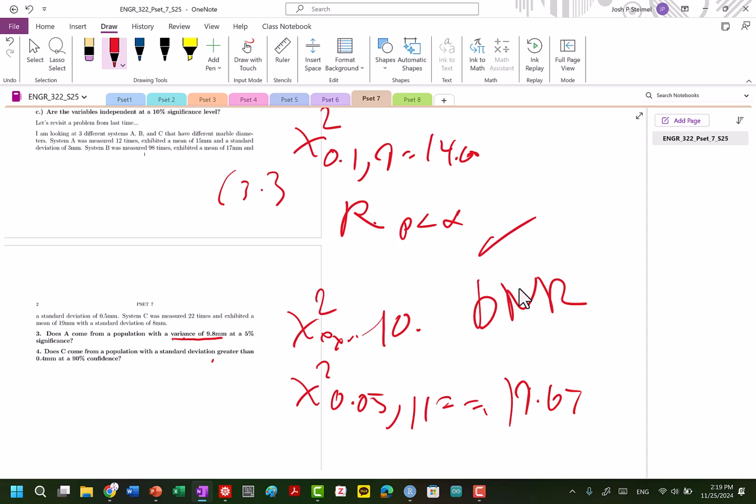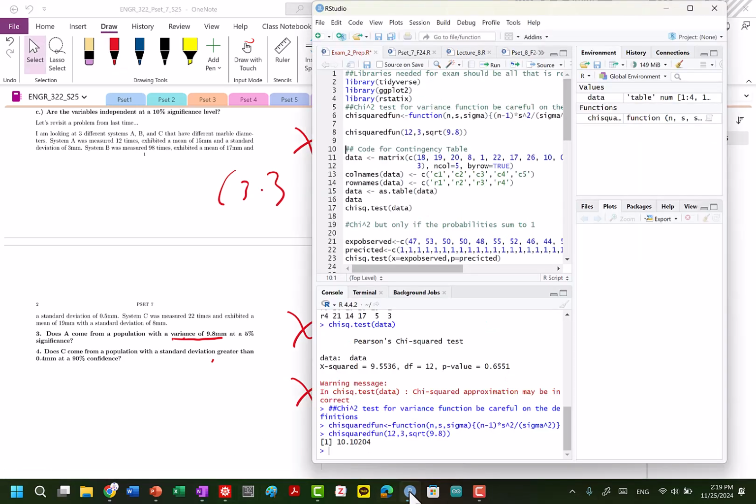Good. Does C come from a population standard deviation greater than 0.4 meters or millimeters? You should see the typo there too, actually. You can get me on that one. System C, 22 times. It has a standard deviation of 8.